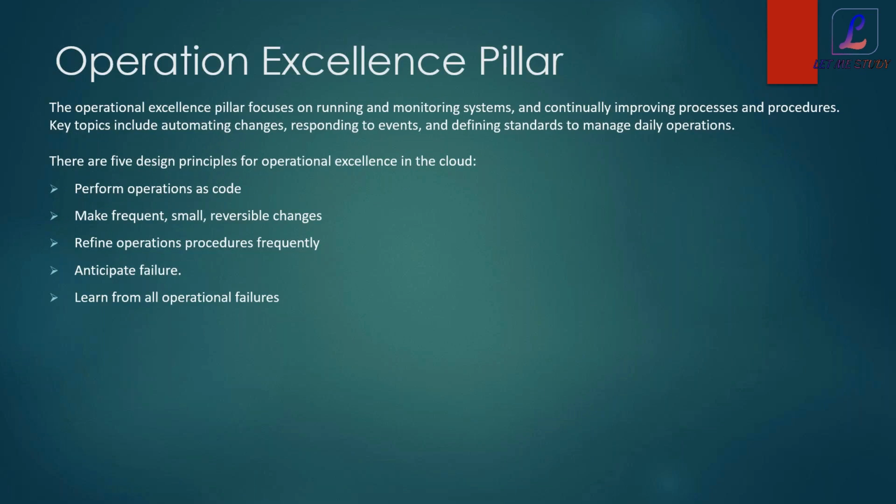Because you patched your system, your application is not coming up. So reversing this change is quite a little difficult in the on-premises compared to the cloud, right? Because when you are doing your infrastructure as code, you have an option to just stop all these updated servers and create a new EC2 instance for your application with the older versions, right? So you don't need to do the many things you need to perform on the on premises.